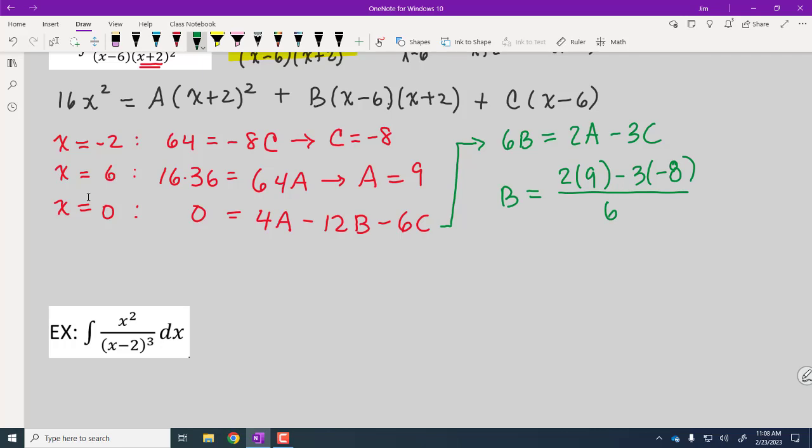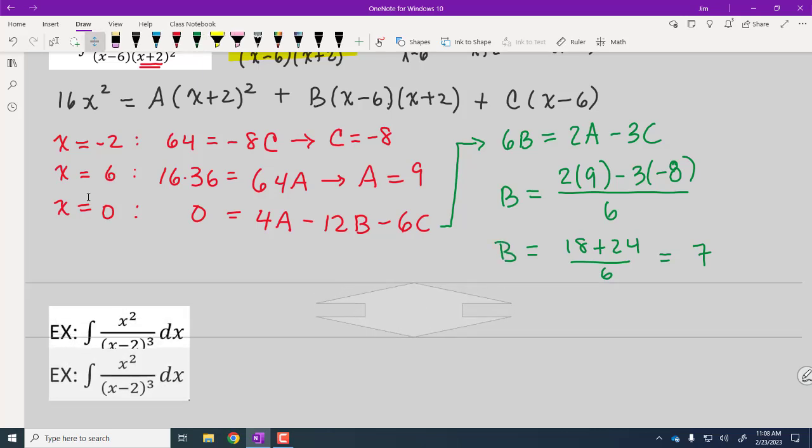So that'll be b. So we have 18 plus 24 divided by 6, which is 7. That will be the b.